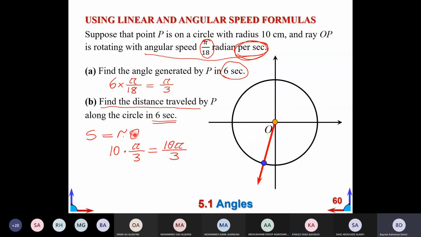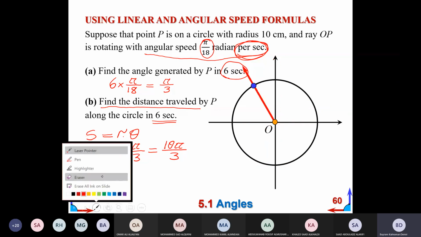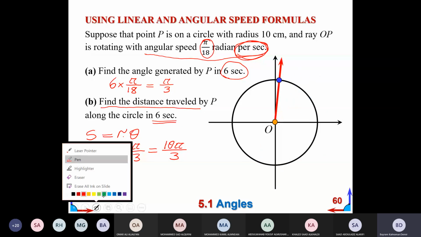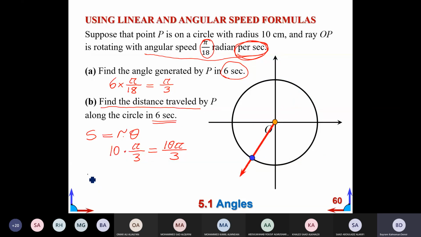Well, you don't have a linear speed yet. First, you need to calculate the linear speed. So let me write it again for you. Linear speed is equal to R times omega over T.